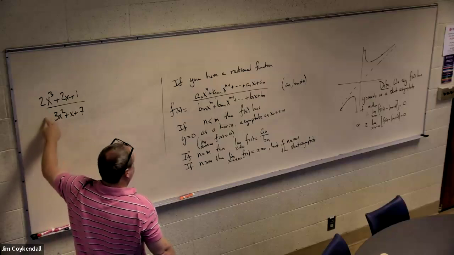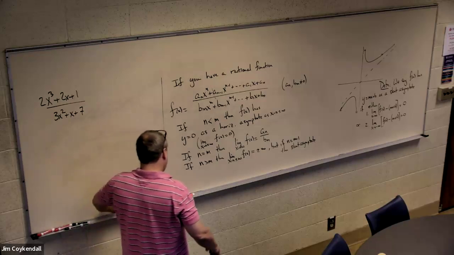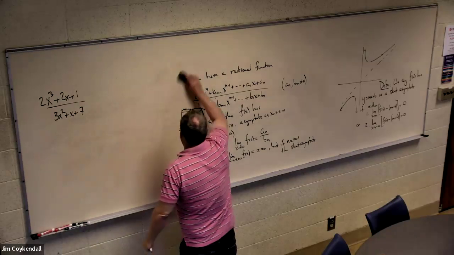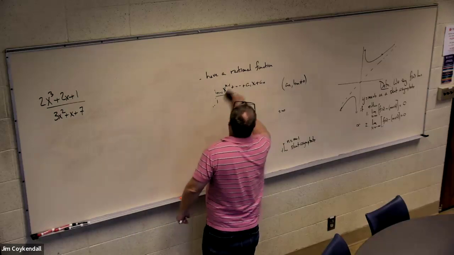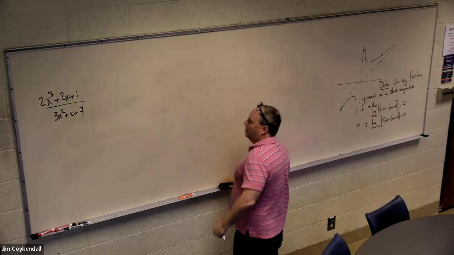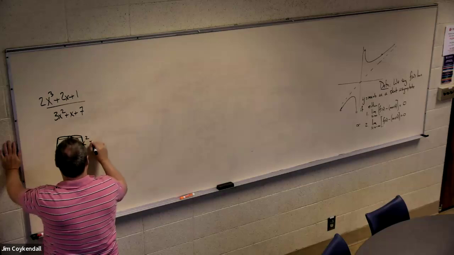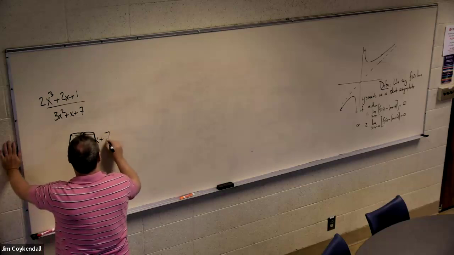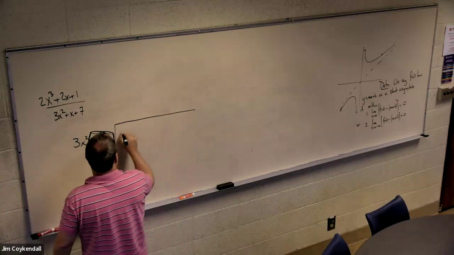Notice this thing will have a slant asymptote. I'm gonna show you how you can get it, and this trick always works. I'm gonna do some old-fashioned polynomial division, and I hope I don't regret it too much.